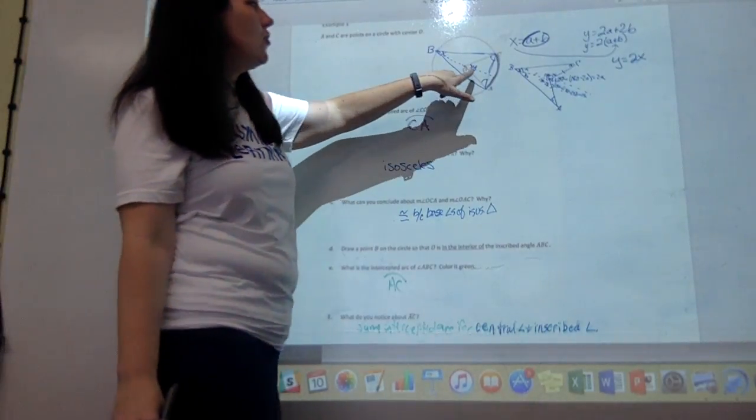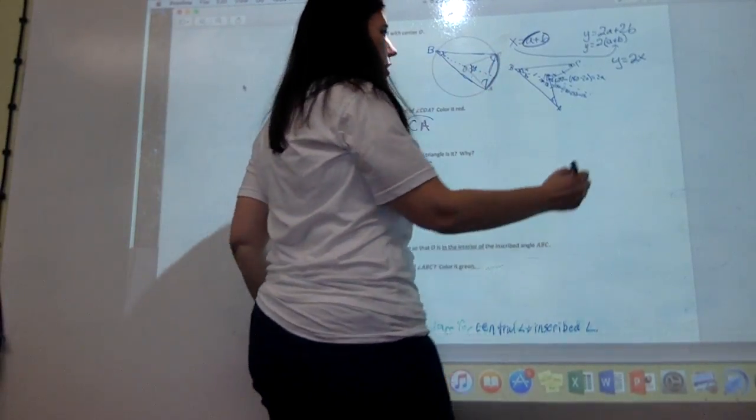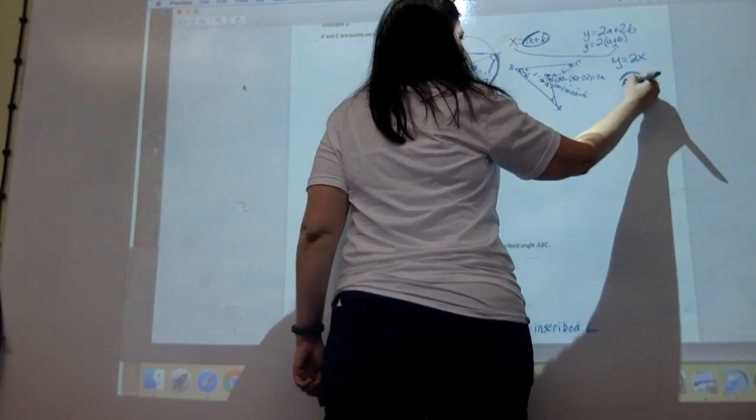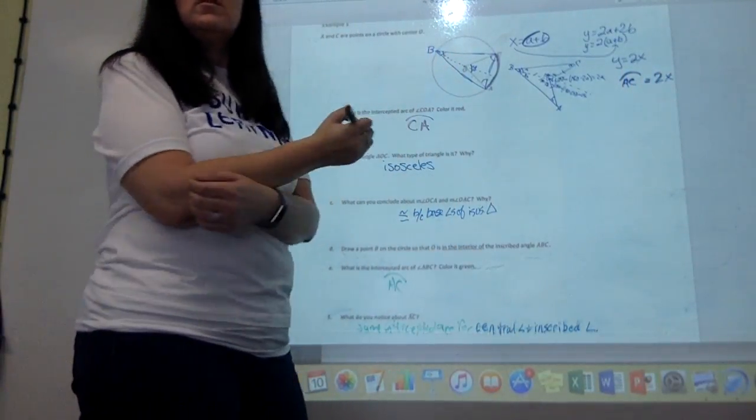So if this central angle is 2X, and the arc it makes, that makes arc AC equal to 2X.